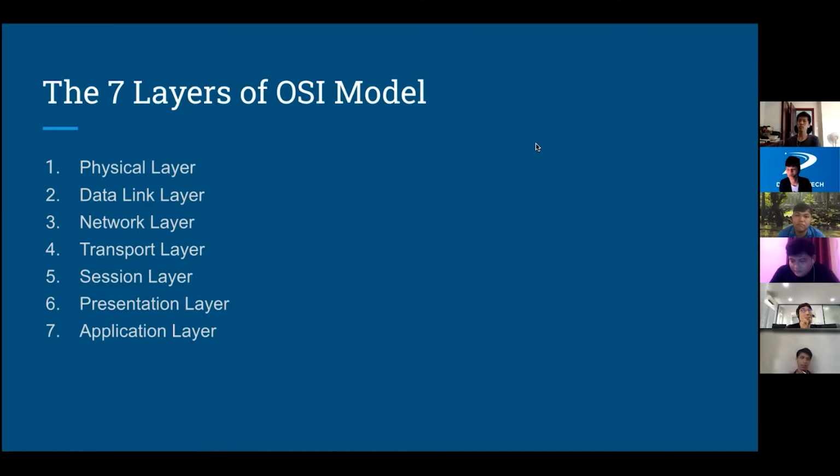How does the switch identify which destination MAC address PC A wants to send data to?